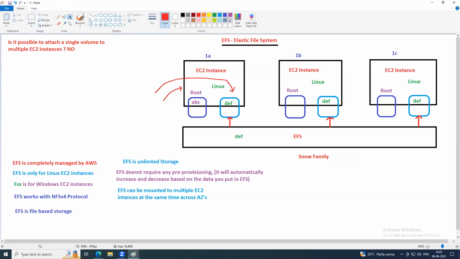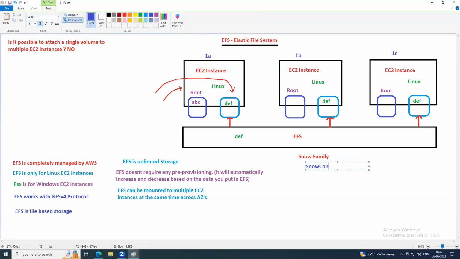So the Snow Family devices are Snow Cone, Snow Edge, and Snow Mobile. What are the 3 devices we have? Snow Cone, Snow Edge, Snow Mobile.